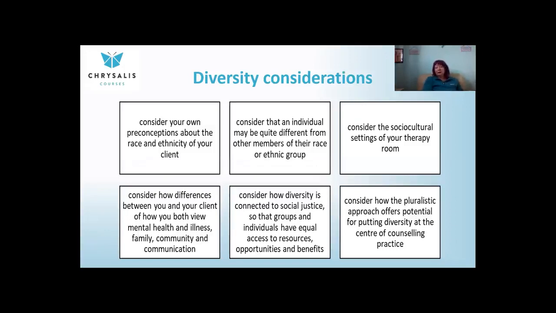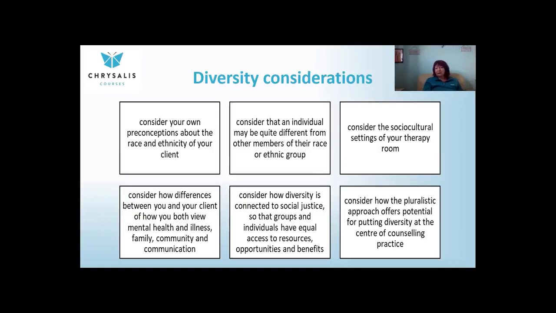So we need to consider our own preconceptions about the race and ethnicity of our client. We need to consider that an individual might be quite different from other members of their race or ethnic group, and not make assumptions. We need to consider where our therapy room is located and what our therapy room is like and how that might affect people with all these different characteristics.